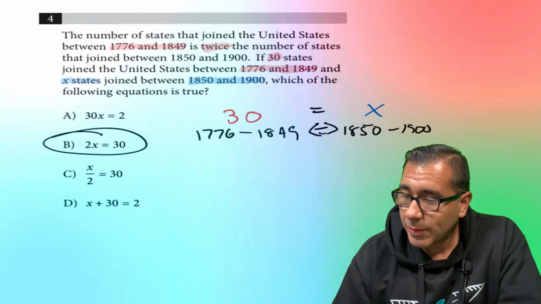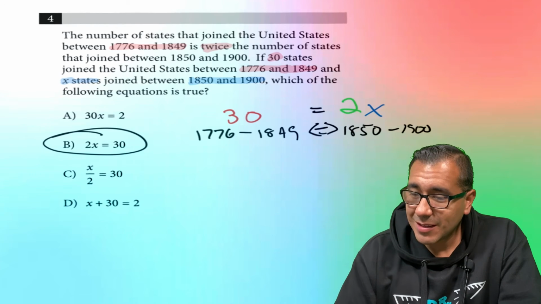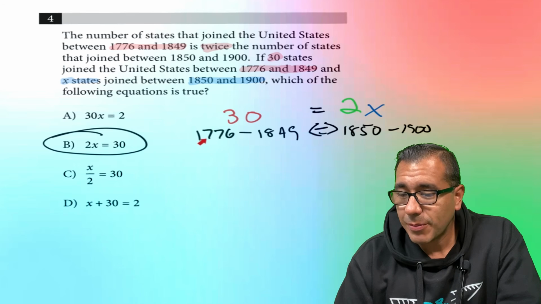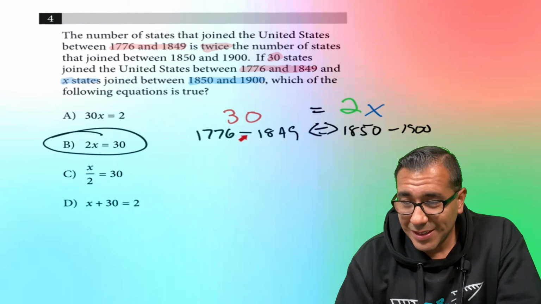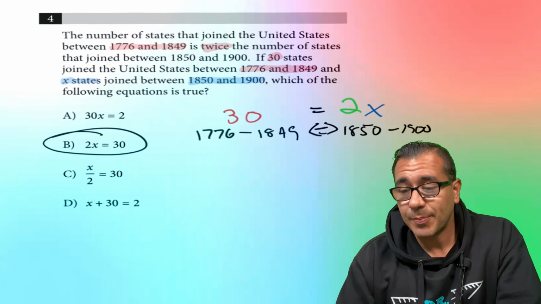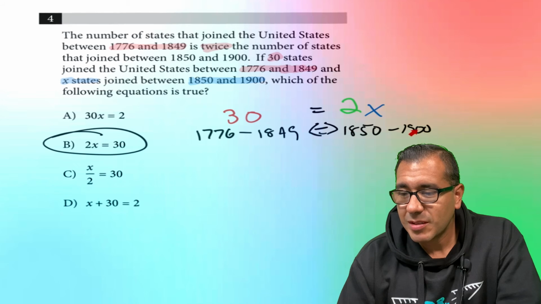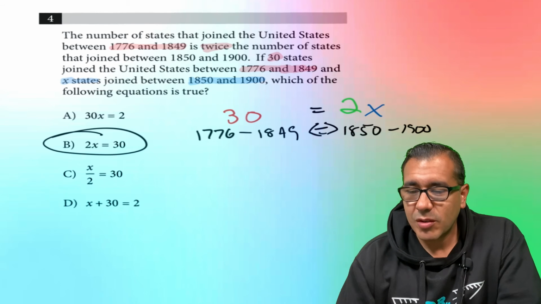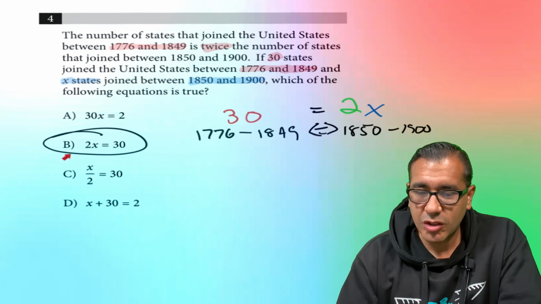So that's where we throw in that 2 that's right here, because they tell us that the number of states that joined from 1776 to 1849, this number, which happens to be 30, is twice this amount. And how much was this amount? Well, it was x. So for them to be equal, 30 has to equal 2x.